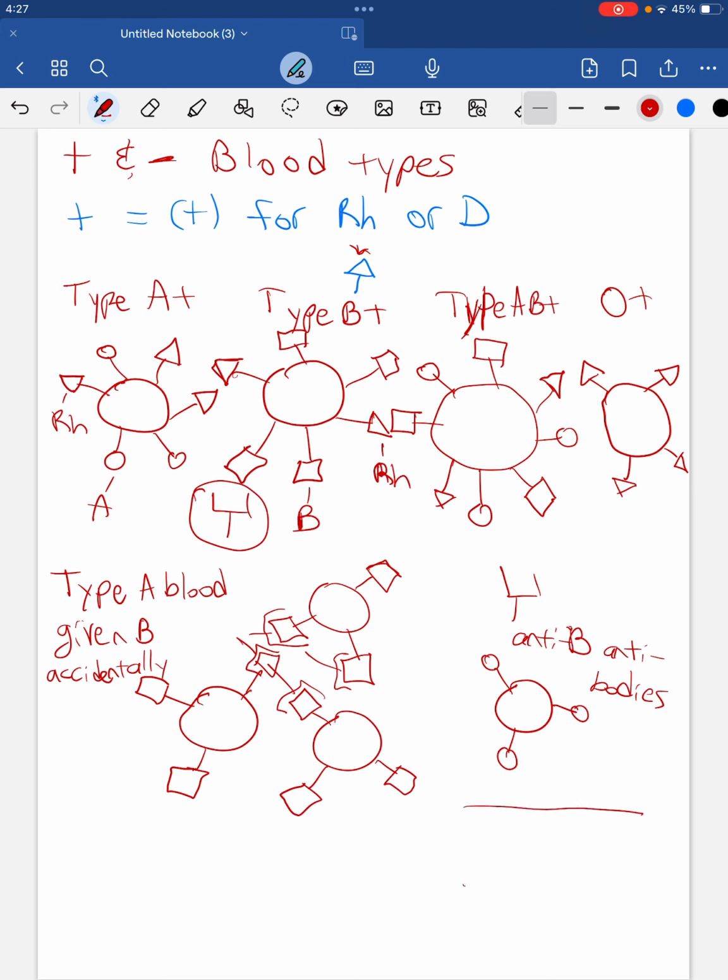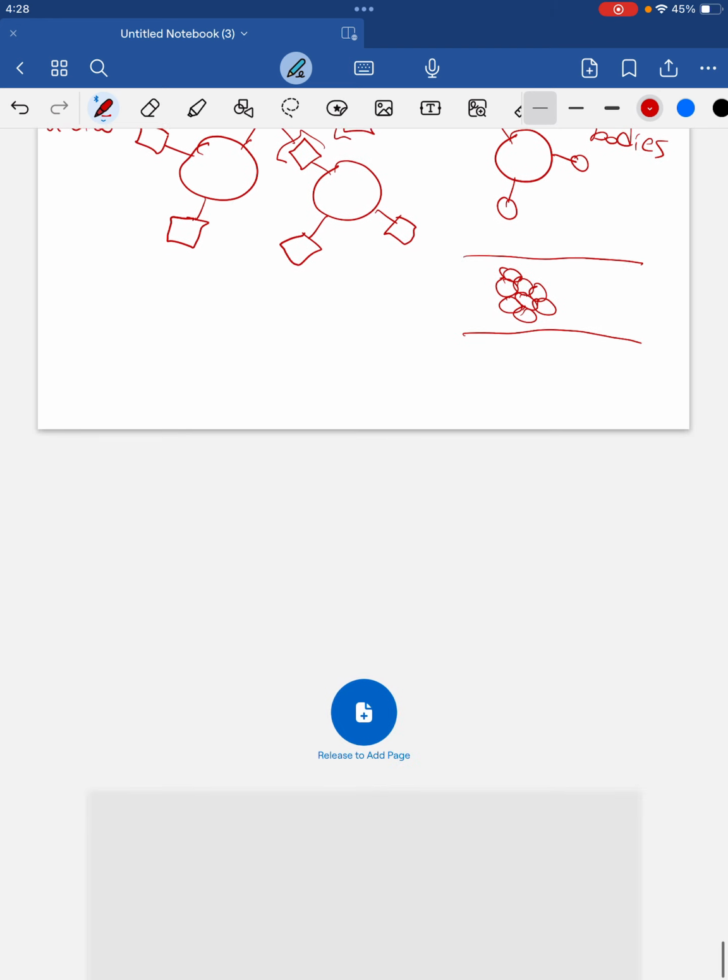So here we have our little blood vessel. Now all these B red blood cells are sticking together in a clot. Obviously very dangerous. If this is happening throughout our body, then that could be very dangerous.